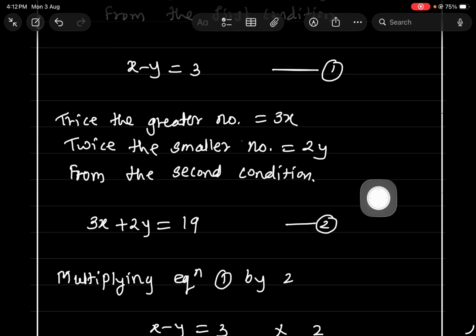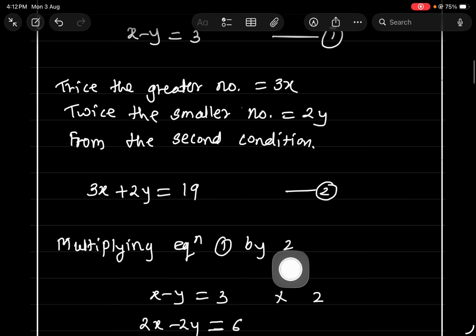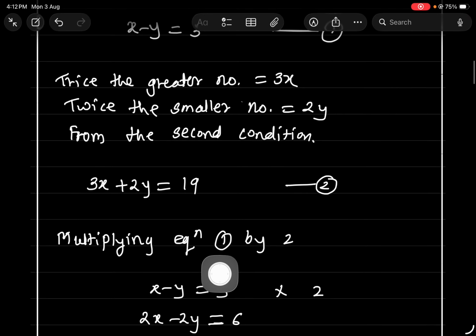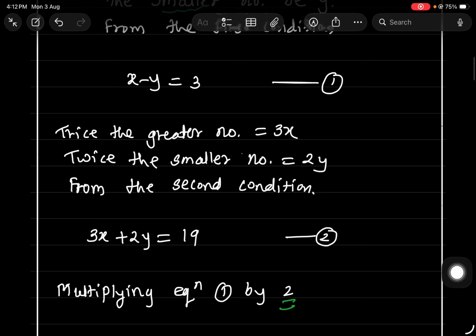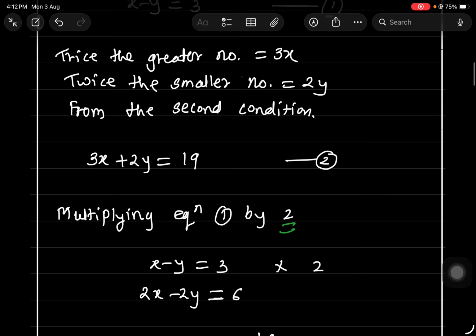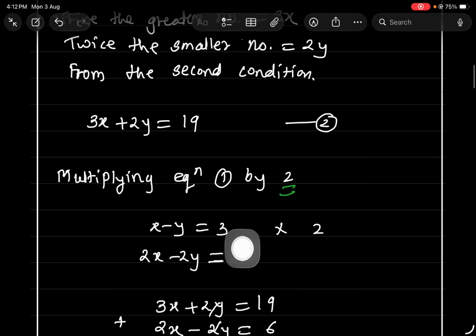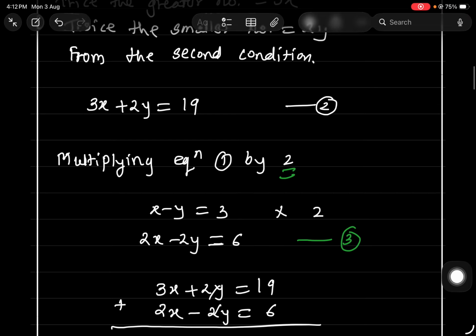So it is very easy now to solve equations 1 and 2. Now see here, multiplying equation 1 by 2. This is your equation 1, and we multiply it by 2. Multiplying by 2 gives 2x minus 2y equal to 6, and we call this equation 3.